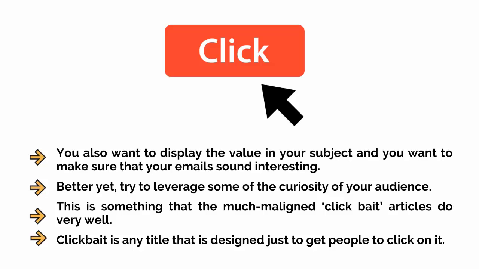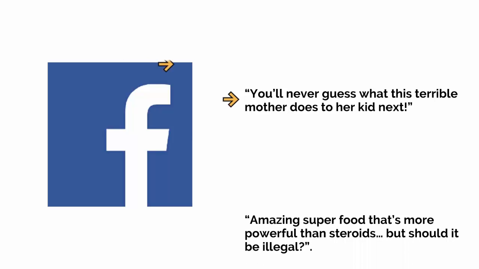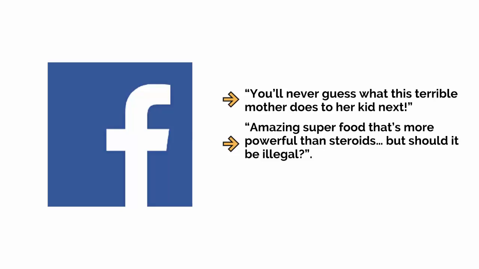These are the articles on Facebook with titles like, "You'll never guess what this terrible mother does to her kid next," or "Amazing superfood that's more powerful than steroids, but should it be illegal?" These articles get us to click because they use titles that stand out and make us highly curious. If we leave the page without clicking on them, we're left wondering what they could possibly have been about.